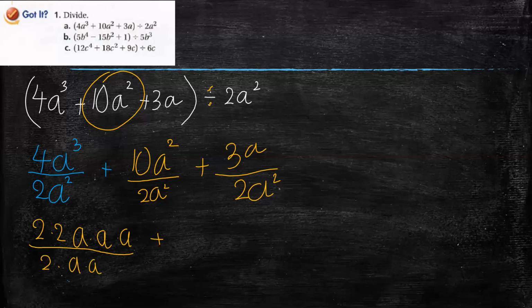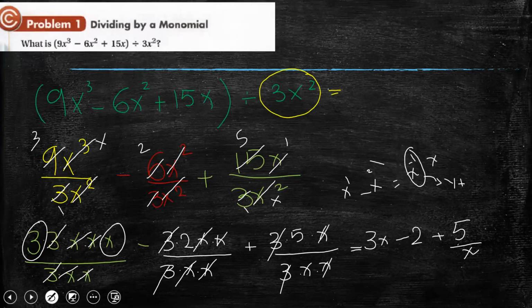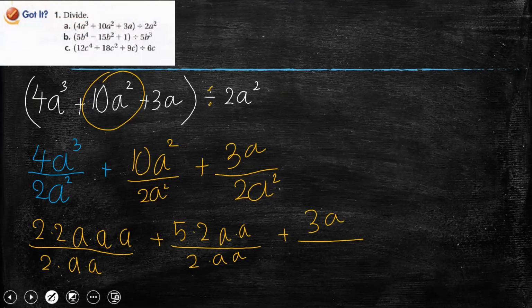Then here, 10a squared is 5 times 2 times a times a. Then 3a, keep it as it is here, and then 2 times a times a.